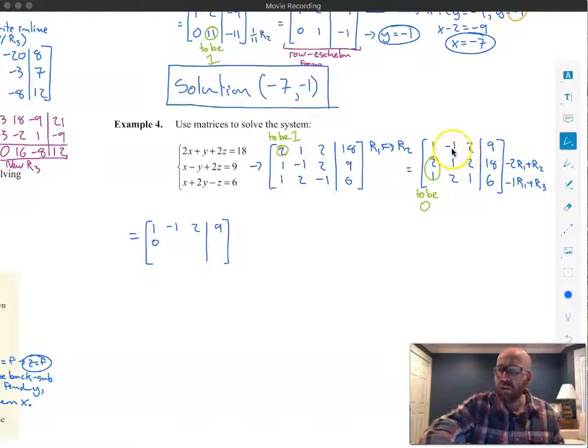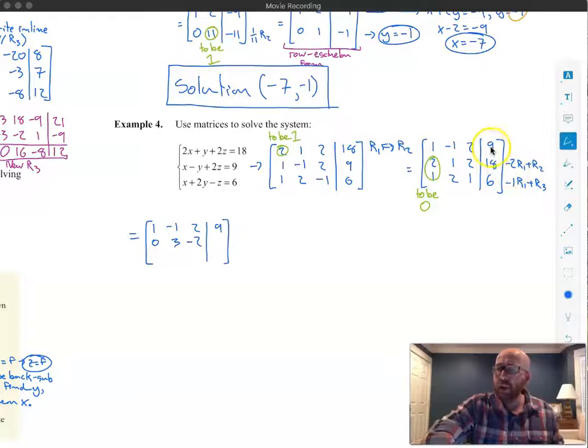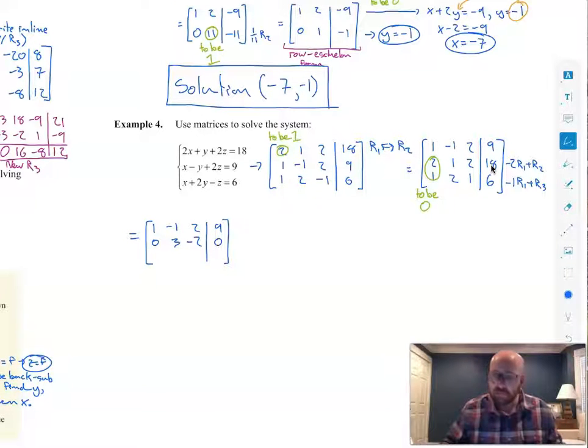Negative 2 times a negative 1 is a positive 2 combined with a positive 1 is 3. Negative 2 times a positive 2 is a negative 4 combined with a positive 2 is a negative 2. Negative 2 times 9 is a negative 18 combined with a positive 18 is 0. That takes care of row 2.